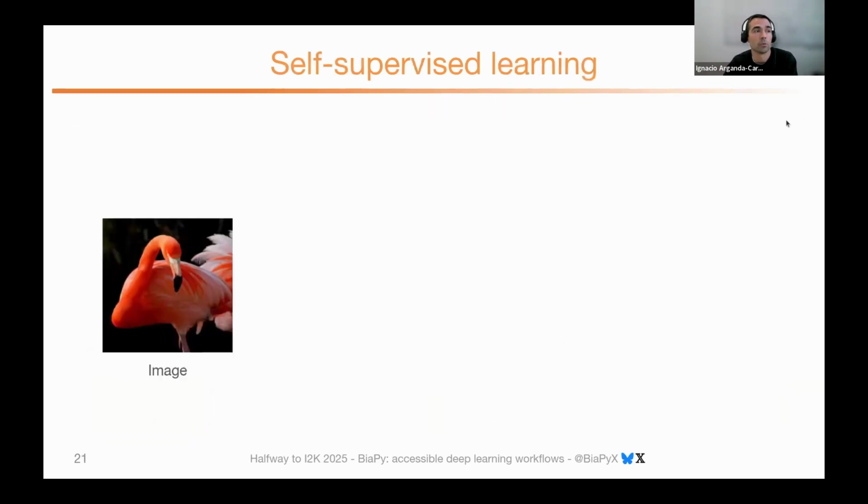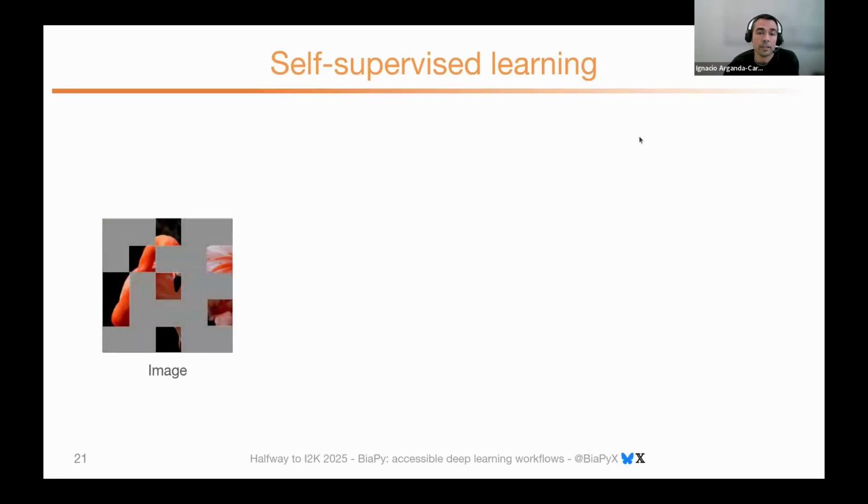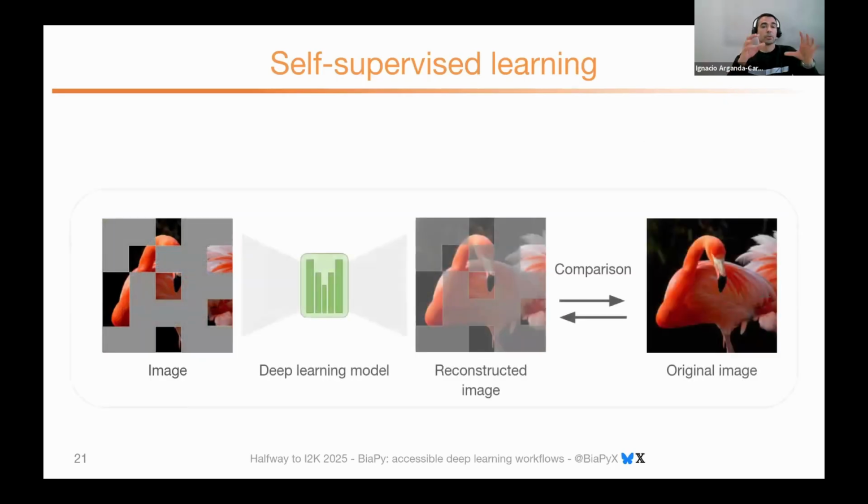Then we have a specific workflow, which is a little bit special because the output is not something that you can use straight away in your images, which is a self-supervised learning workflow. What you do in general is take images and pre-train a model by doing some task. For example, here we mask parts of the image, and the model has to reconstruct those missing parts.